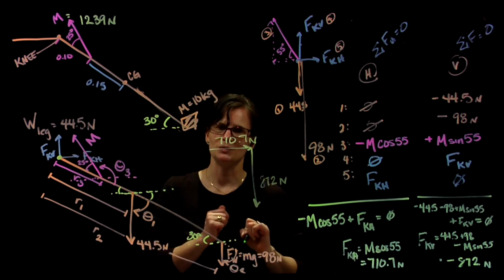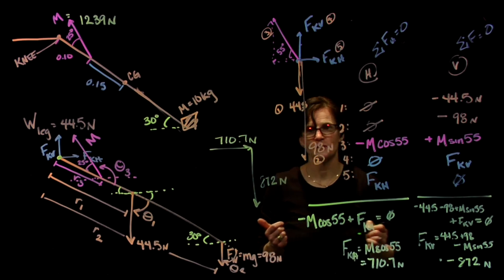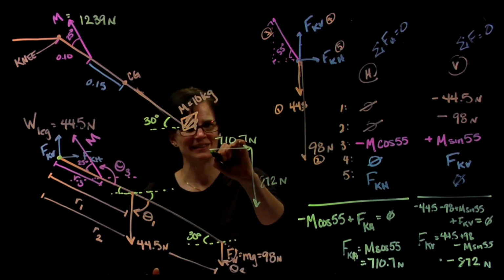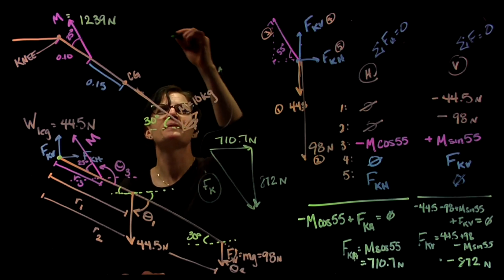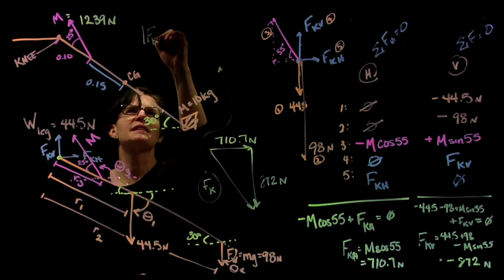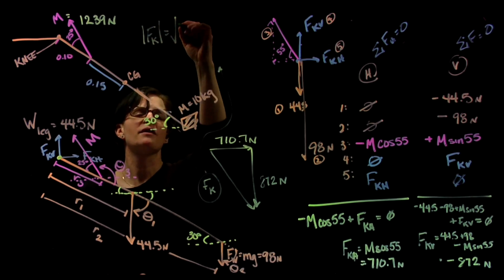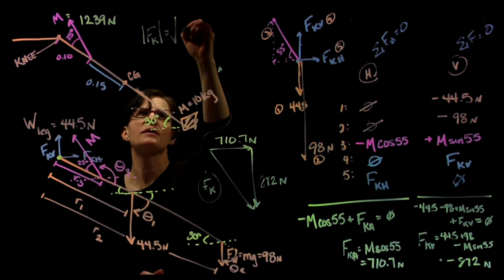So what is the force of the knee? Well, we have to use our Pythagorean theorem. Here's my total force of the knee. The magnitude of the force of the knee is going to be the square root of the horizontal and vertical components squared. We know this game.